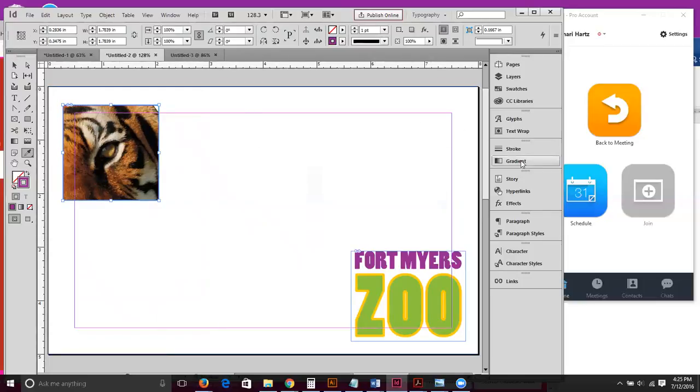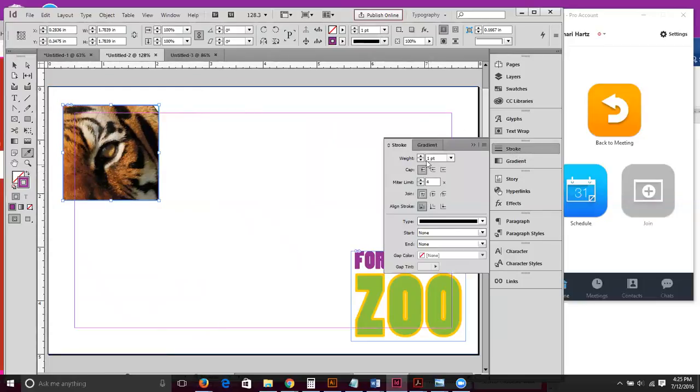And then we're going to bump up our stroke. Another thing we can do is play with the angle. So maybe we can do this little bevel on the edge of our image here.